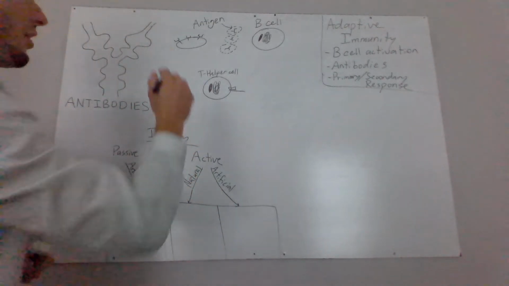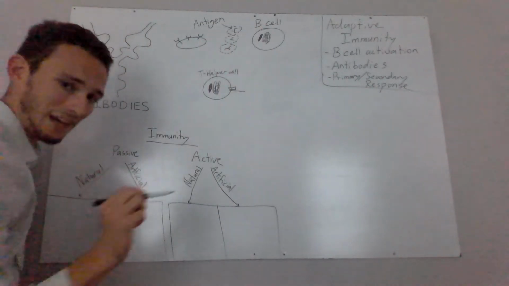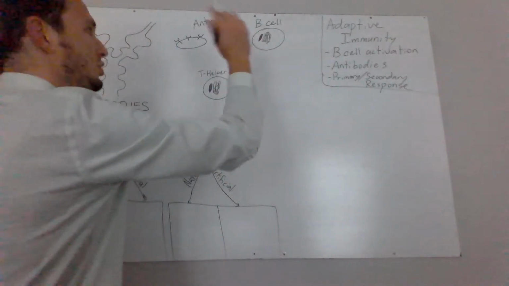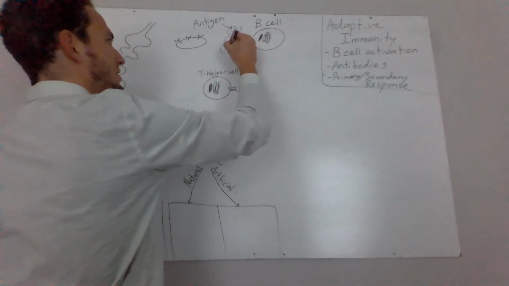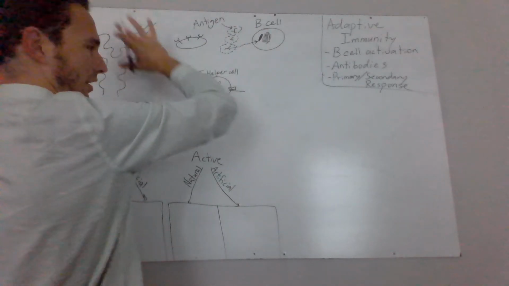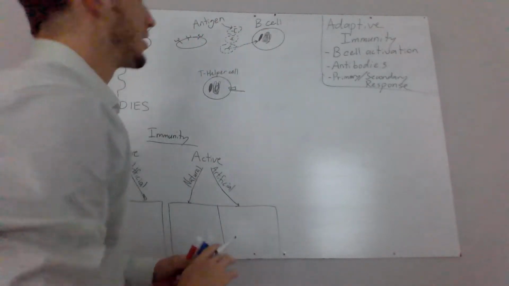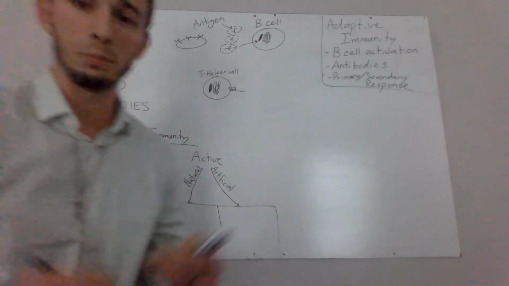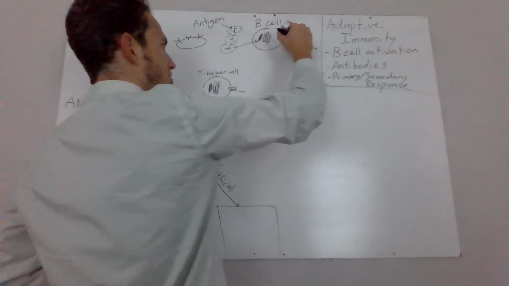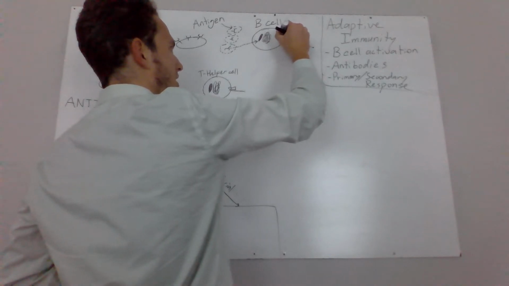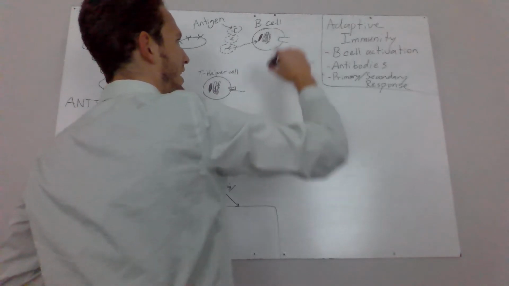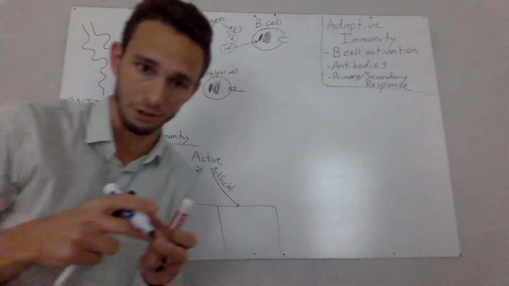What we're going to talk about is how the B cell itself is going to act as its own professional antigen-presenting cell. So the B cell will take in this antigen from the bacteria or whatever infection it is, and through its endoplasmic reticulum will join it with something called MHC2. I like to think of MHC, the major histocompatibility complex, as a big flag holder.